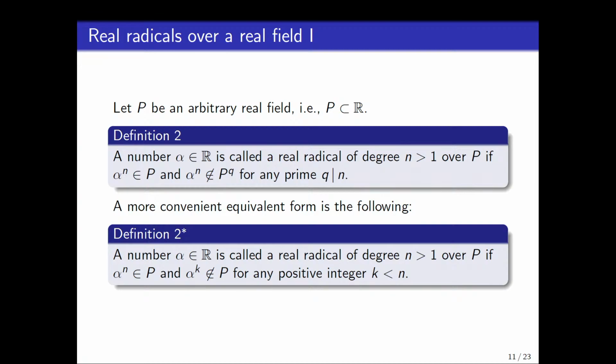Two more definitions, actually. These are equivalent forms, and the bottom form is a bit easier to understand. A number alpha is called a real radical of degree n over P if alpha to the n's power is in P, and alpha to the power k, which is less than n, is not in P.